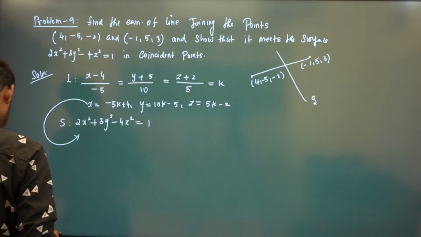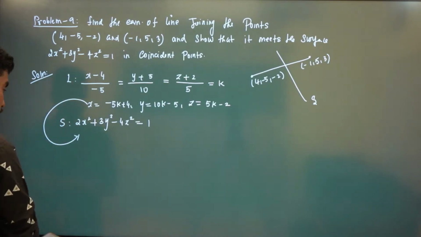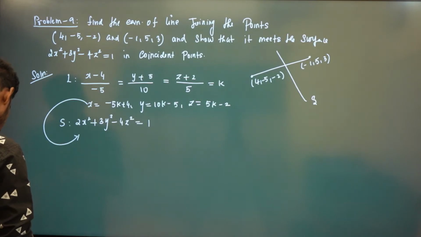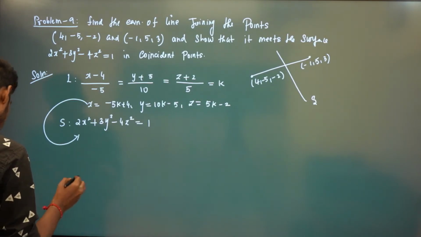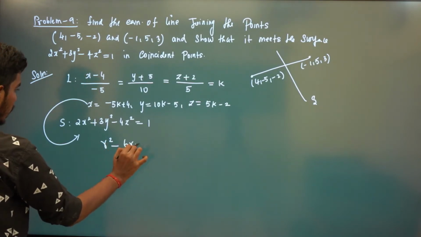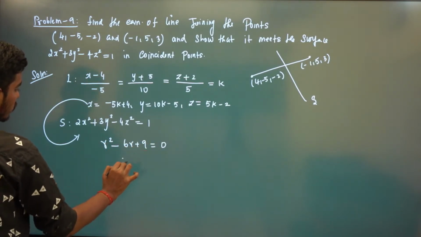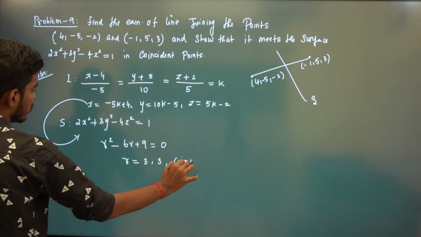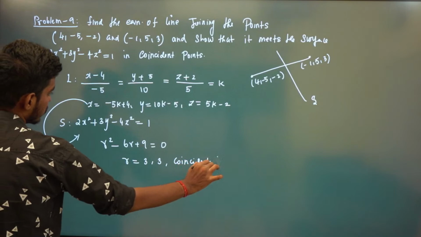You will have equal roots. So you will get the equation as r square minus 6r plus 9 is equal to 0. To solve this, you will get 3, 3, which is coincident. Coincident point means both are same, right?